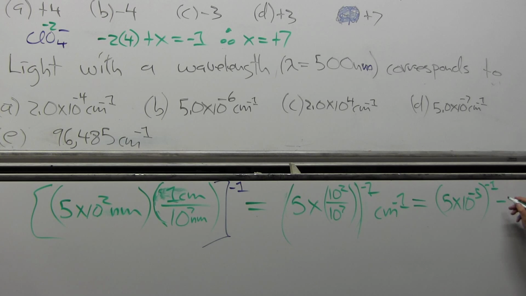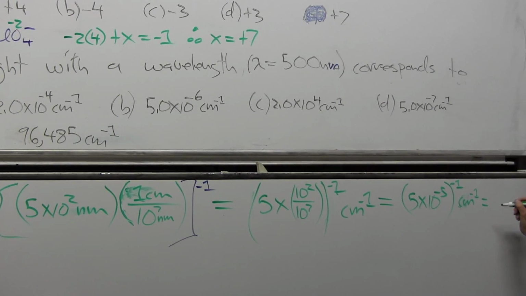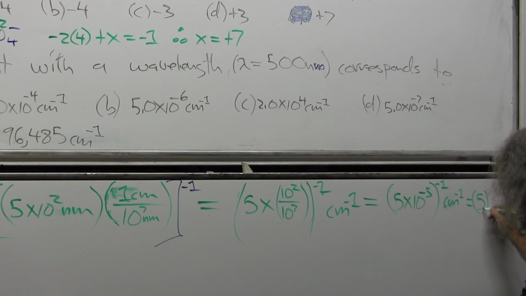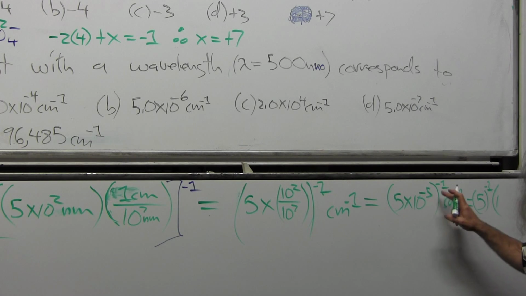Okay, and that's going to be centimeters again. And now I can use, let's just pick the 5 and pull it out. 5 to the -1 times 10 to the -5th times 10 to the -1.